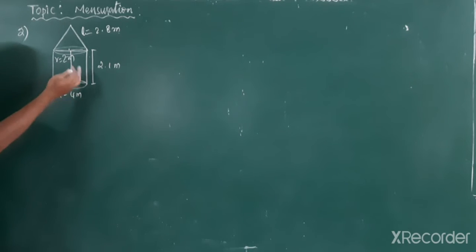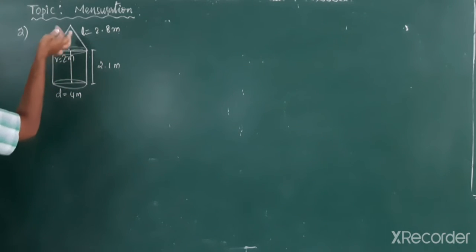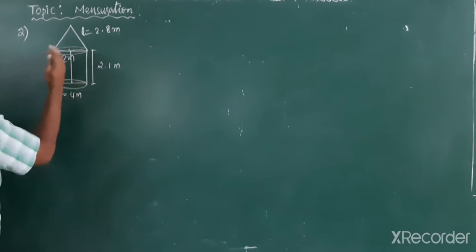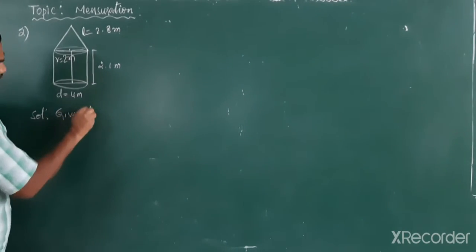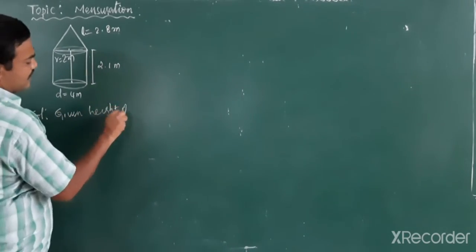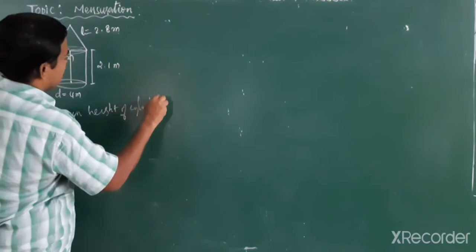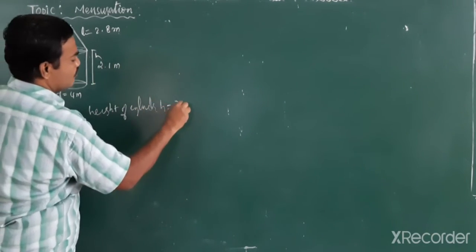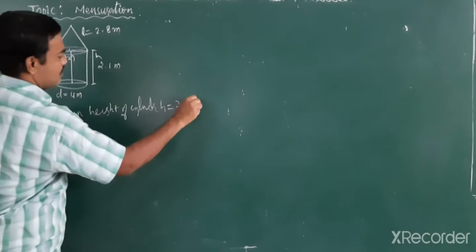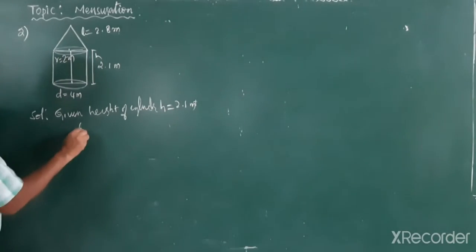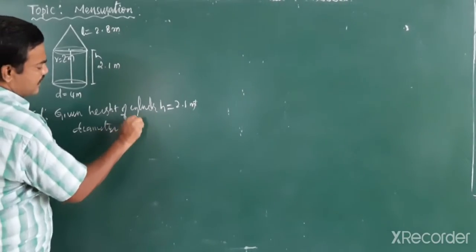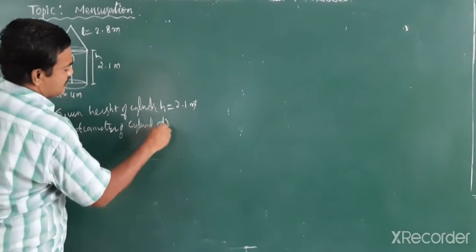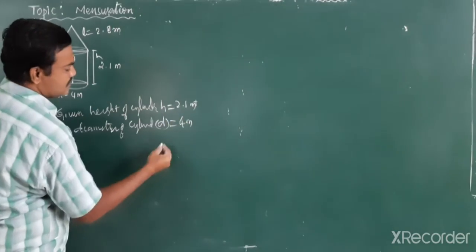Except the base, the surface area of the solid is nothing but the curved surface area of cylinder and curved surface area of cone. So given, height of cylinder h is equal to 2.1 meters. Diameter of cylinder D is equal to 4 meters.